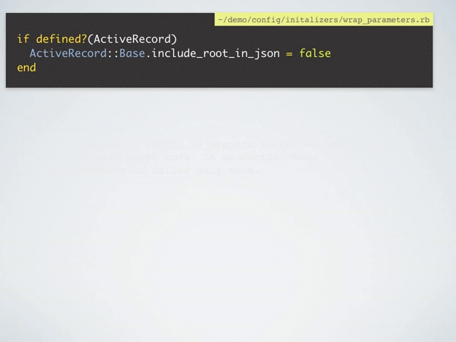So if defined active record is constant, at this point in time active record gets loaded, and when active record base gets loaded, then all those procs get fired. If you comment out these three lines, then when you start your server in development mode, the server would have started without having loaded active record. And when you go and hit localhost 3000/users, at that time active record will be loaded at runtime.